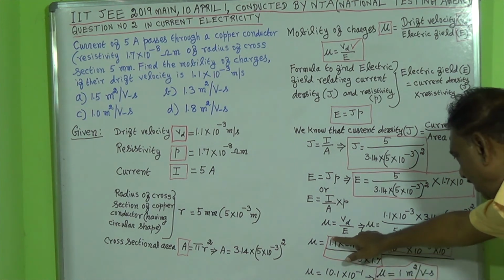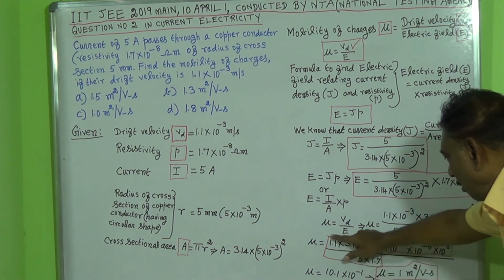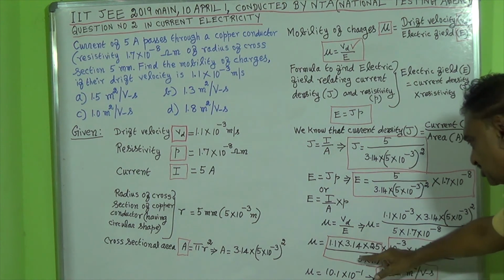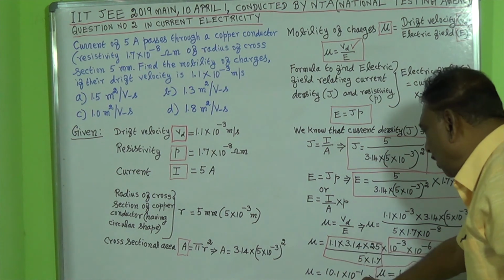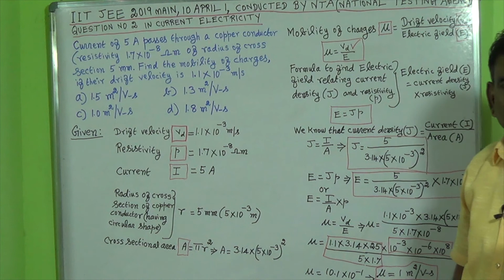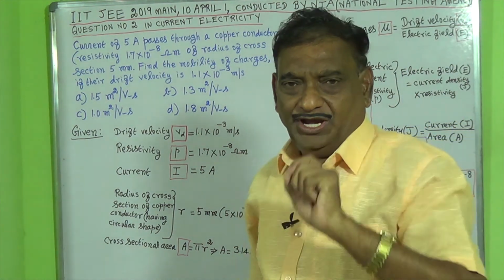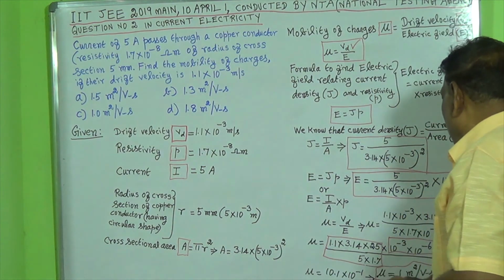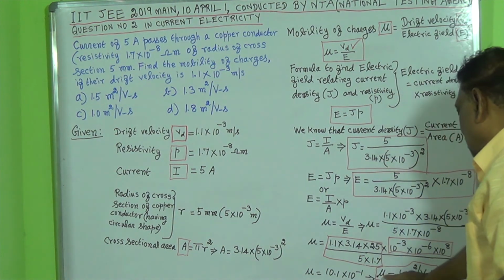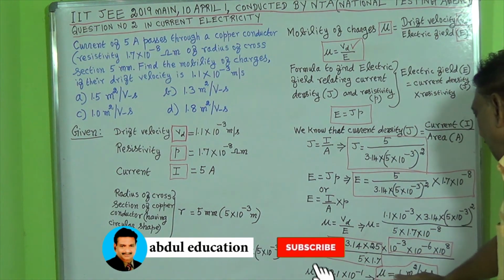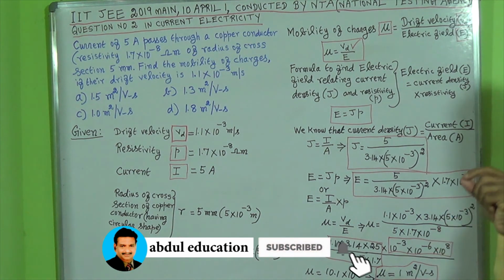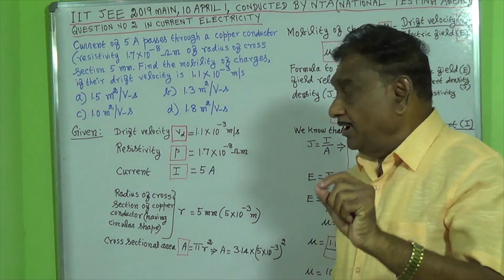So if we find the value of all these numerical factors, we will get 10.1. If 10.1 is multiplied by 10 to the power of minus 1, we will get the mobility of charges mu equal to 1 meter square per volt second.